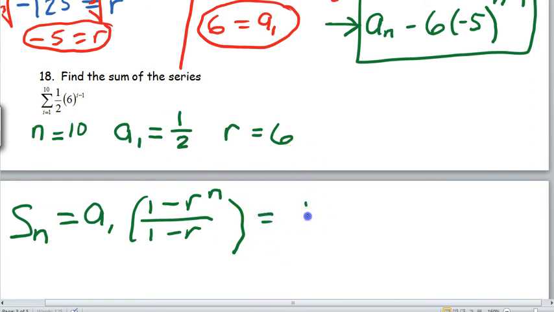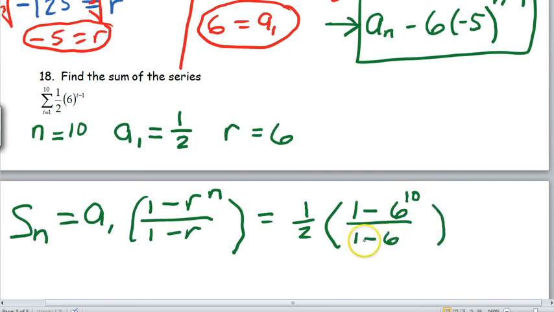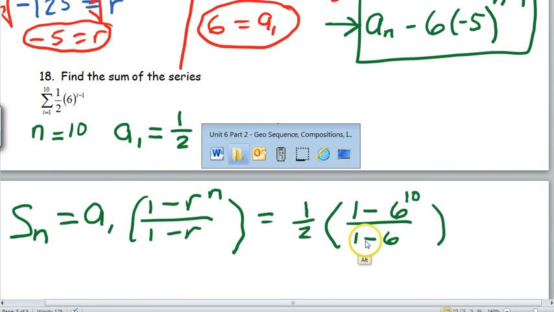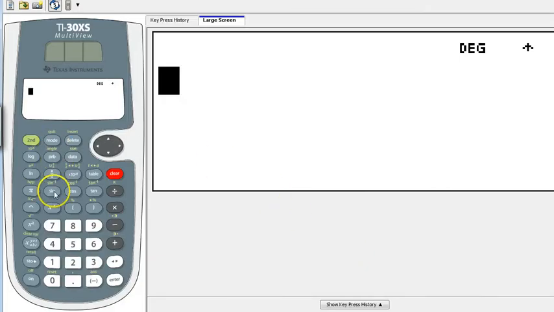So that's going to be 1/2 times 1 minus 6 to the 10th power over 1 minus 6. And we will put that in our calculator. What was the number in the front? 1/2.